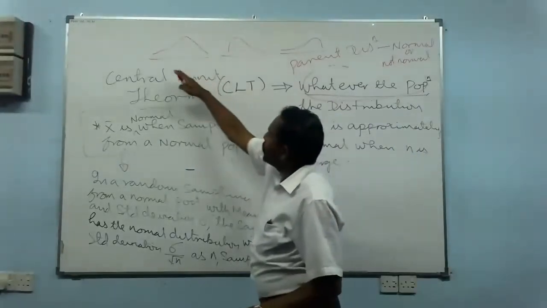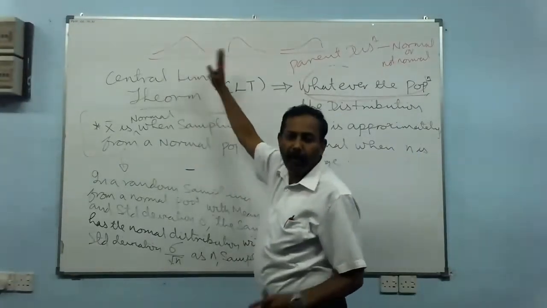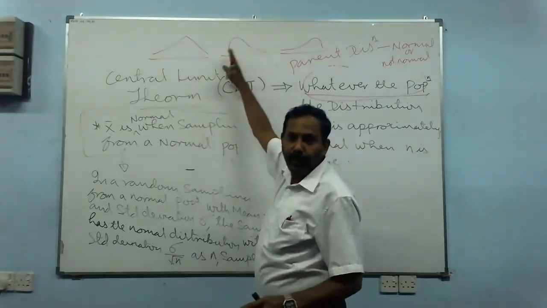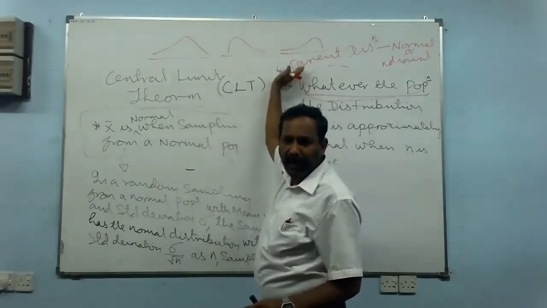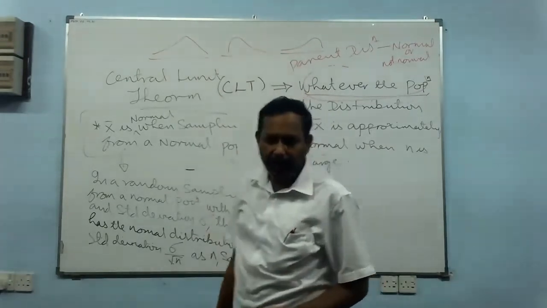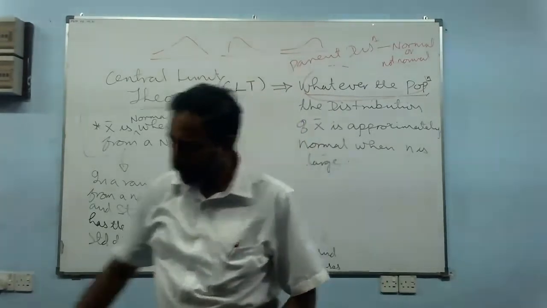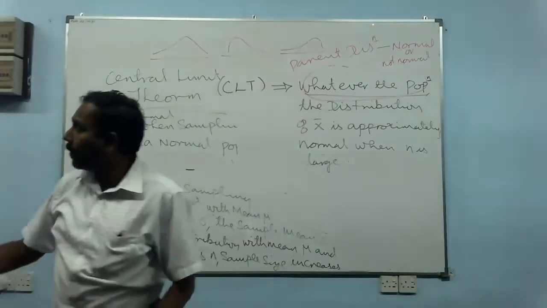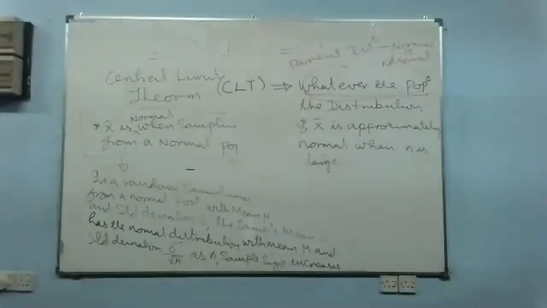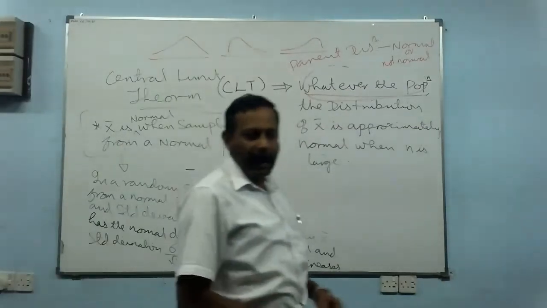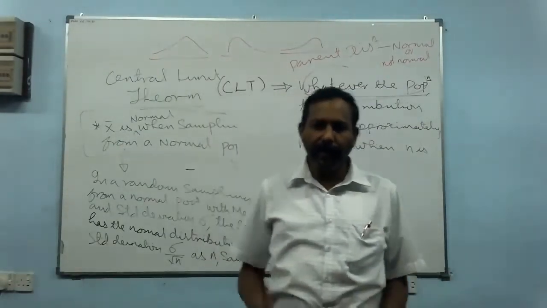This is a normal distribution, symmetric and so on. What are these two? How do you call these not normal distributions? They have special names. Skewed distributions, left skewed and right skewed. Fine, good.